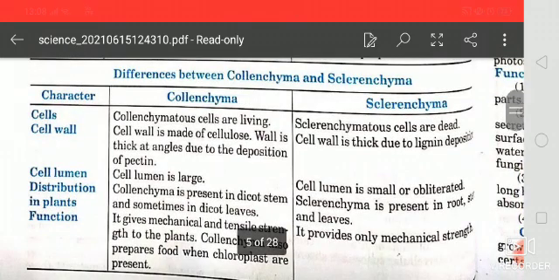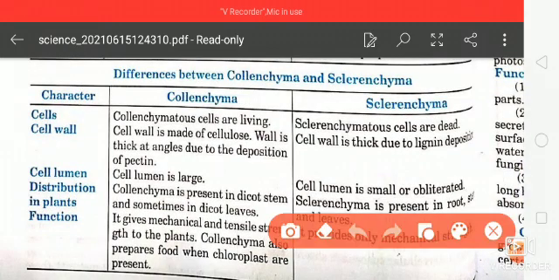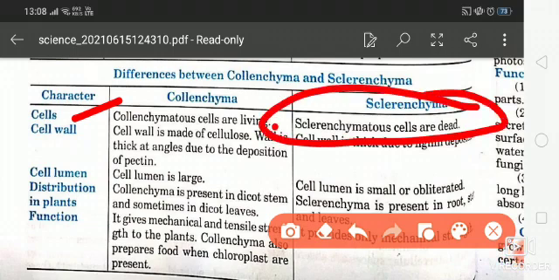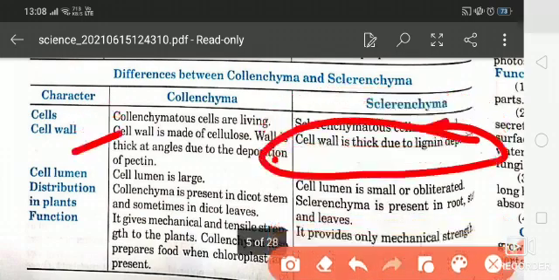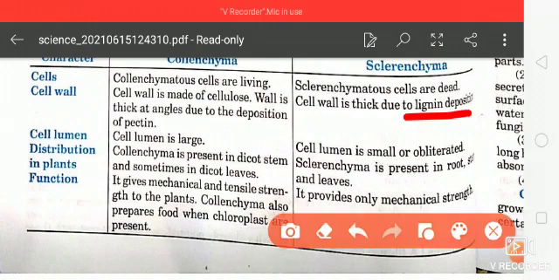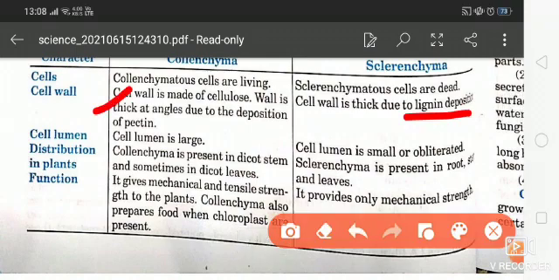Next is the difference between collenchyma and sclerenchyma. Collenchymatous cells are living and sclerenchymatous cells are dead. It is a very important question that sclerenchymatous cells are dead. Students, next, the cell wall is thick due to lignin deposition in sclerenchyma, and in collenchyma the cell wall is made up of cellulose and is thick at angles due to the deposition of pectin.